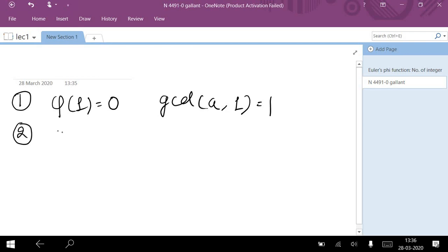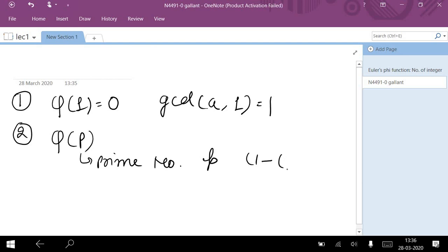Now the second one is phi of p, where p is a prime number. In the case of prime number p, all the values from 1 to p minus 1 will be the set of integers, because these values are co-prime with the value of p.